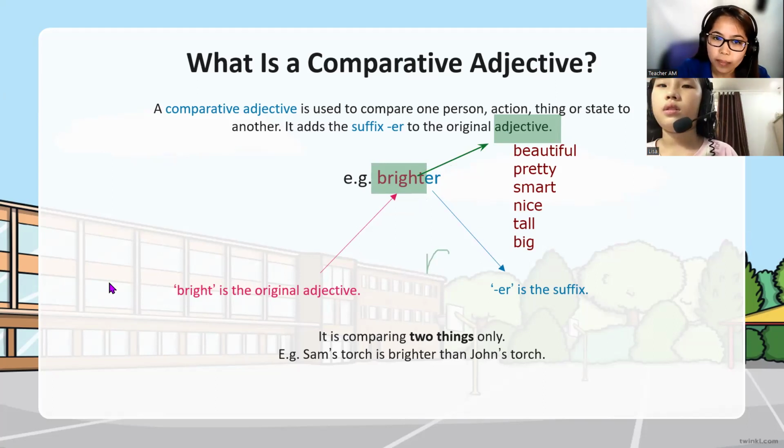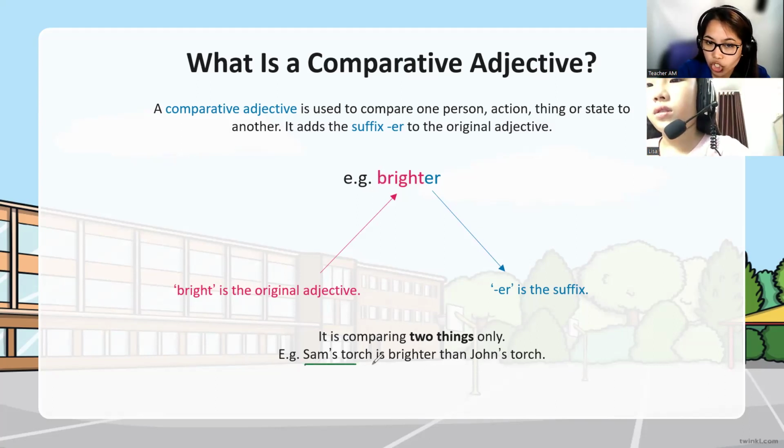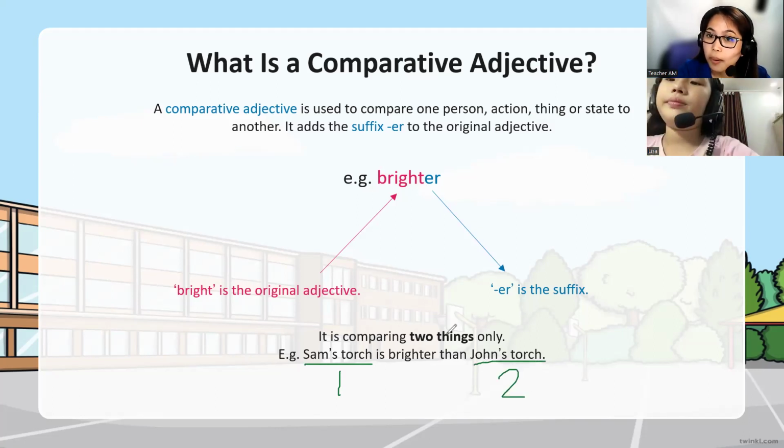Now, here we are comparing two things, which is Sam's torch and John's torch. How many things are we comparing? We have Sam's torch, that's one, and John's torch, that's two. So we use a comparative adjective.